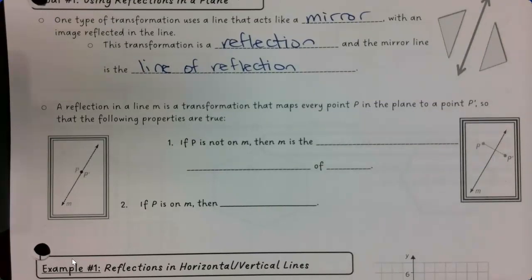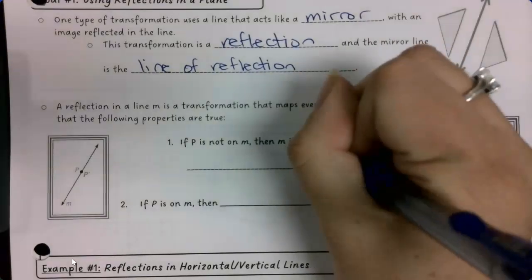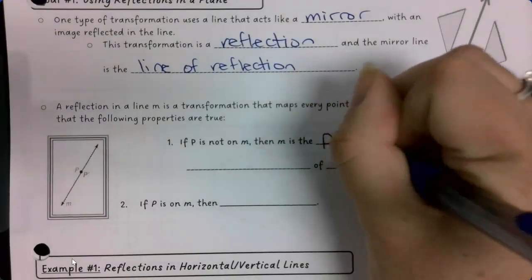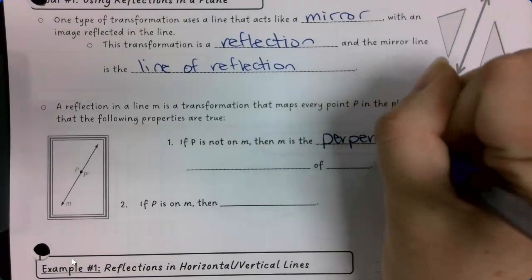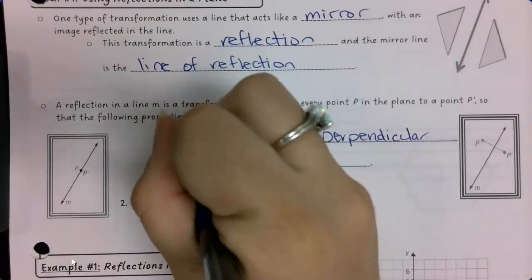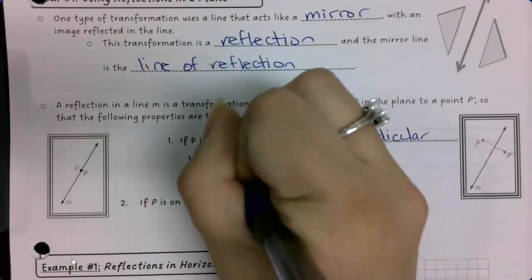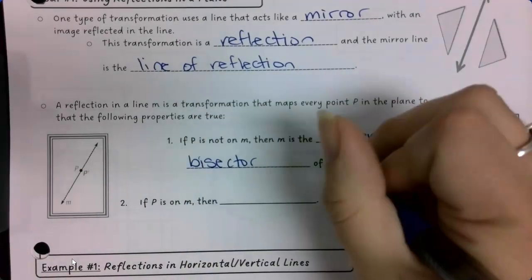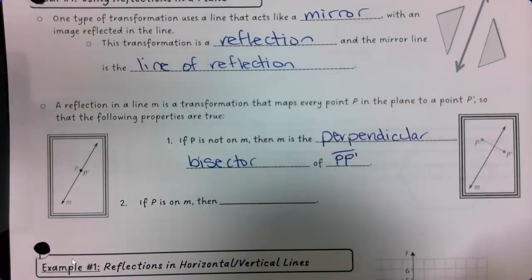So a reflection in a line M is a transformation that maps every point P in the plane to a point P prime so that the following properties are true. If P is not on M, then M is the perpendicular bisector of the line P, P prime.